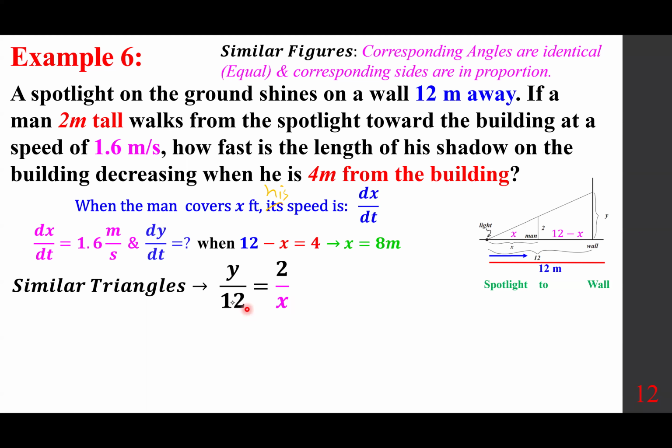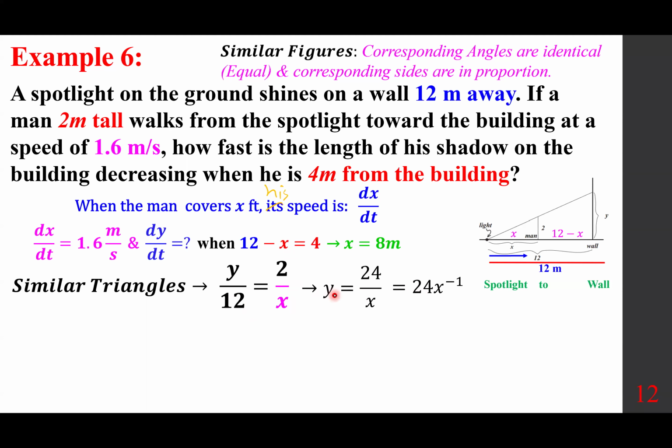And of course, if you do the cross product, you get y equals 24 over x, or 24x to the power minus 1. The only reason I'm doing this is to get this ready for the next step, which is differentiation. So far, we just found a relationship between the two, and we are going to differentiate to find dy/dt.